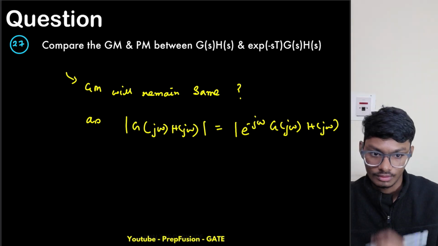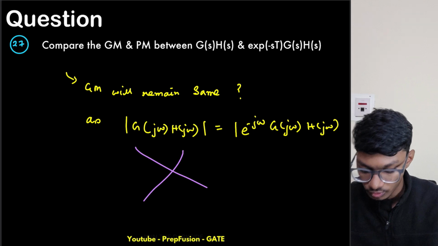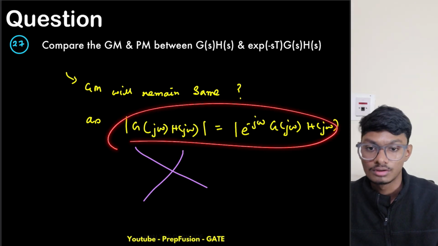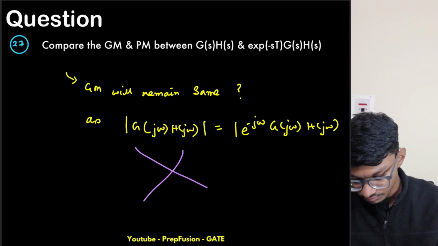Is this correct? This is not correct, right? Why? Because even though the magnitude remains the same, one thing will change. The phase will change, right?